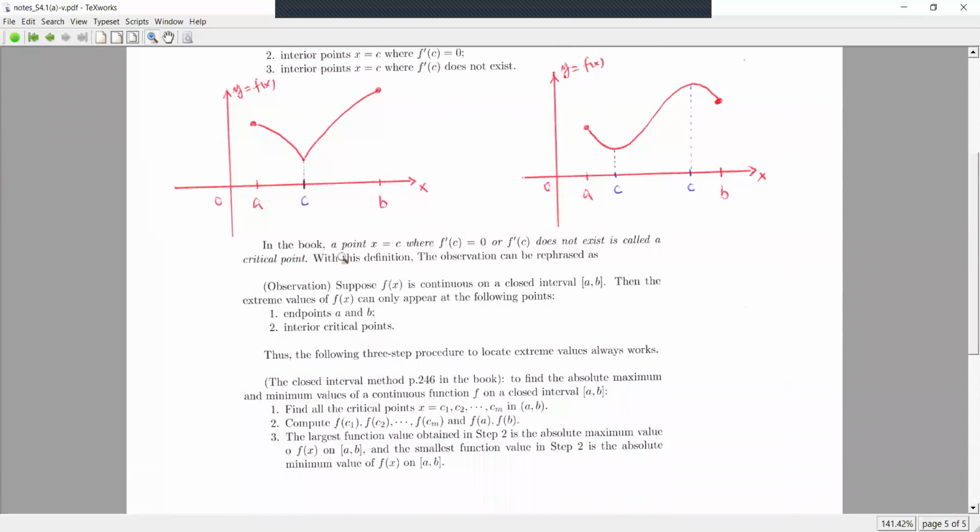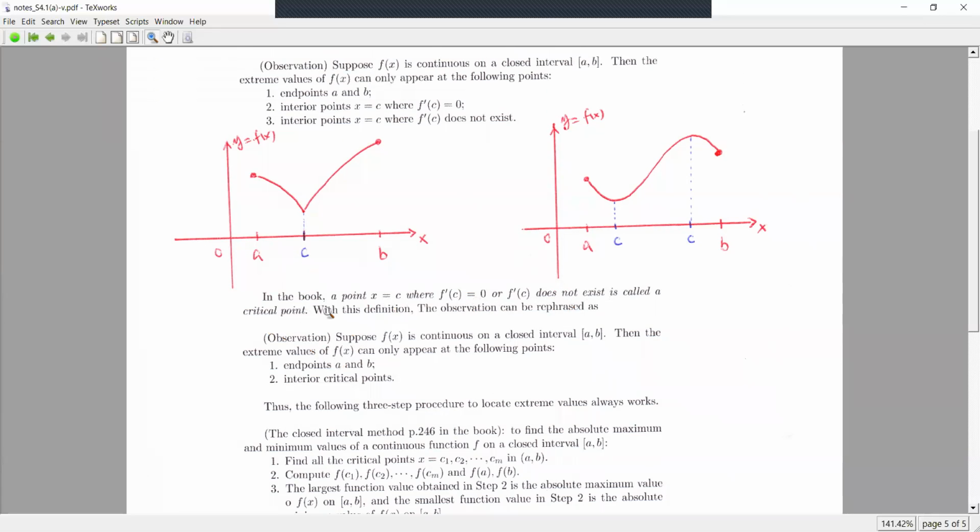In this book, a point C where the derivative is 0 or the derivative doesn't exist is called a critical point. So with the definition of critical point, this observation can be rephrased as the following observation.